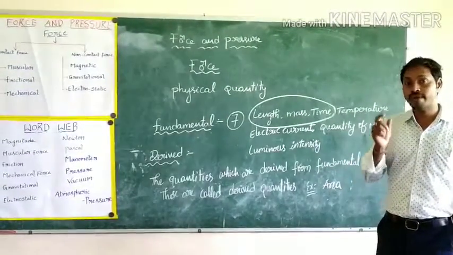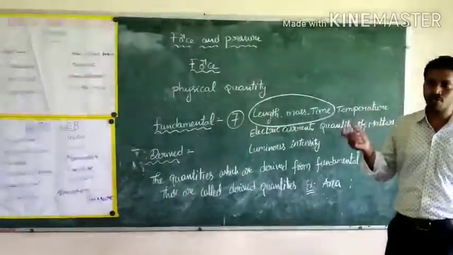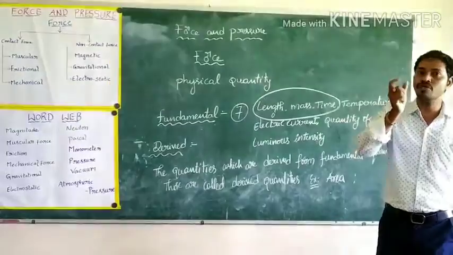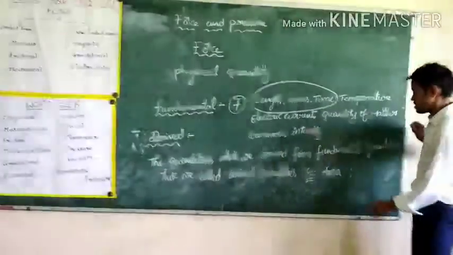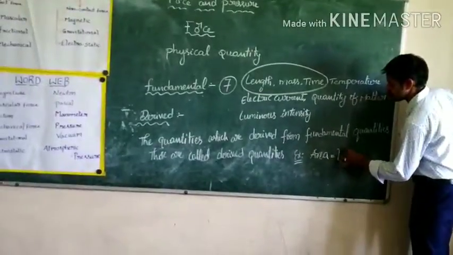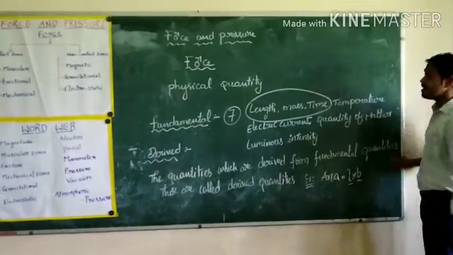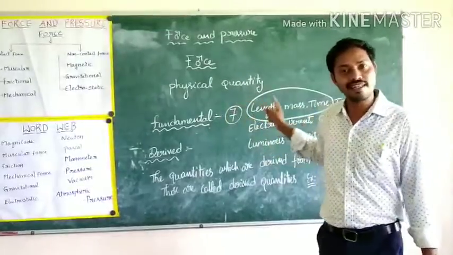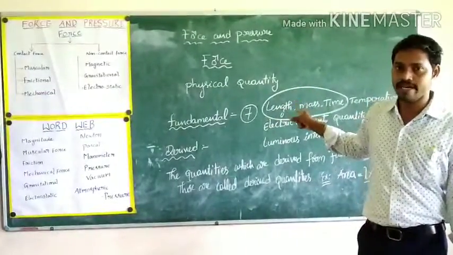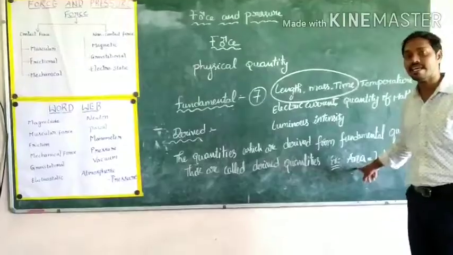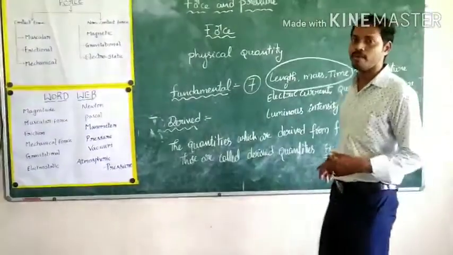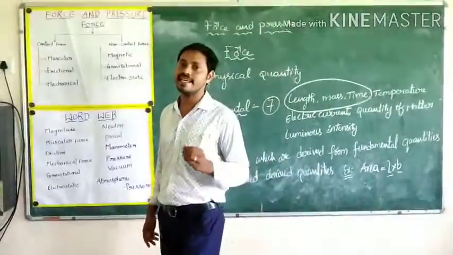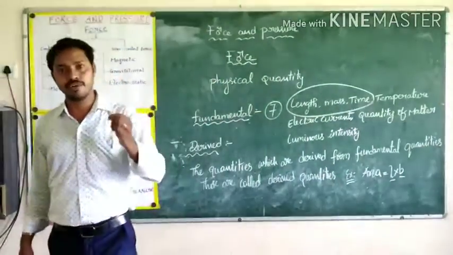Because to measure the area of a classroom or a place, we have to know the length and breadth of that place. Here, length is a fundamental quantity. So, to calculate the area, we are depending upon length of the object. That's why area is considered as derived quantity.